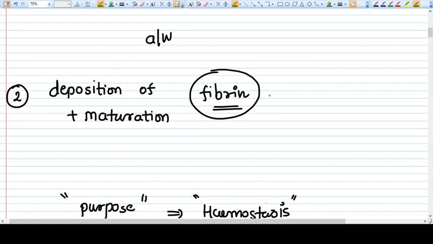That means various coagulation cascades or various coagulation factors do a chemical process and make the fibrin strands. Okay, deposition and maturation of fibrin strands. So two processes occur simultaneously when we talk about coagulation.